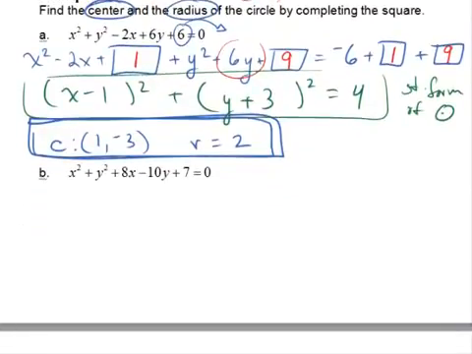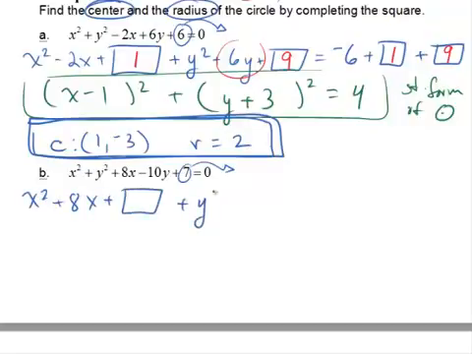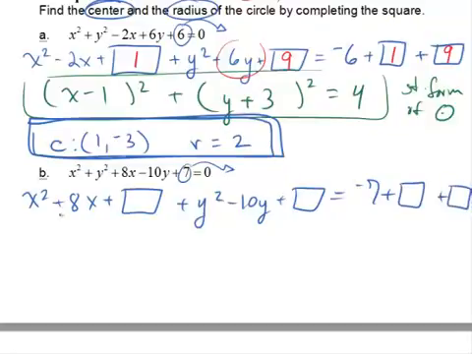All right, another one for us to try. We're going to move the 7 over, group together the x's, leave a space, group together the y's, leave a space, equals negative 7 plus both those values there. Half of 8 is 4, squared is 16. Half of negative 10 is negative 5, squared is positive 25.